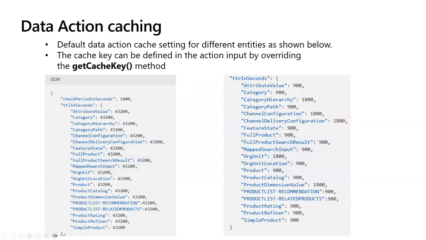With regards to data action caching, the product-specific data is cached in the e-commerce rendering node layer. Caching times are different for each entity type and can be configured inside of the cache setting.json file in the SDK. After these entities are cached, they are returned from the cache for all the data action requests that have the same cache key, provided that their time to refresh and time to live values are valid.